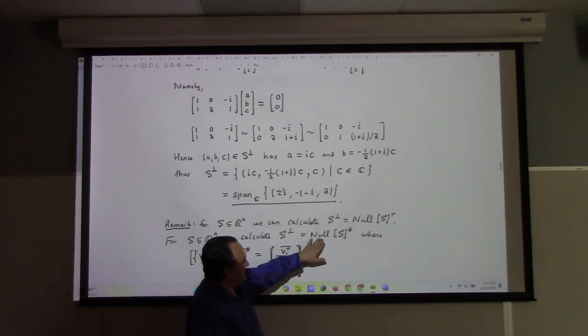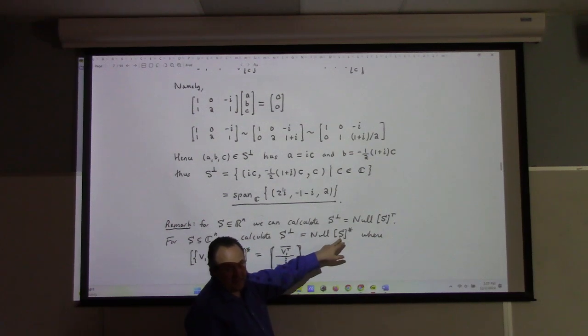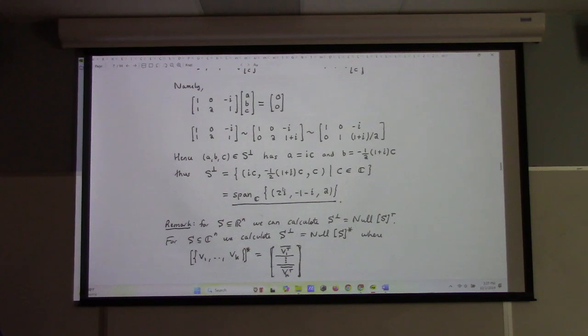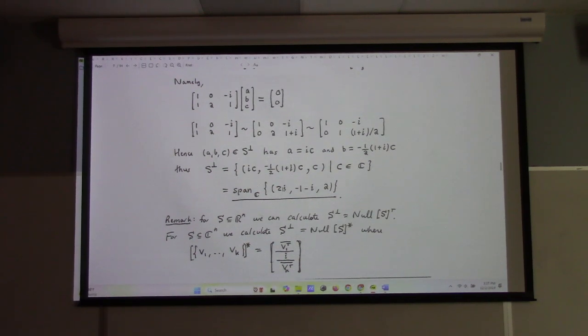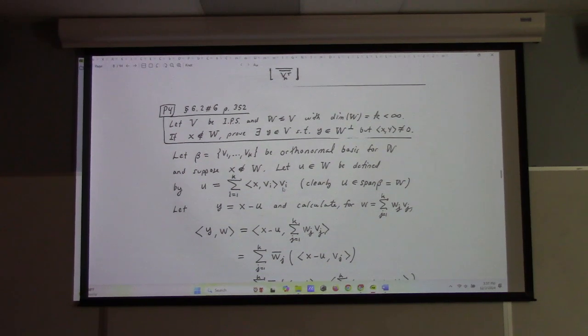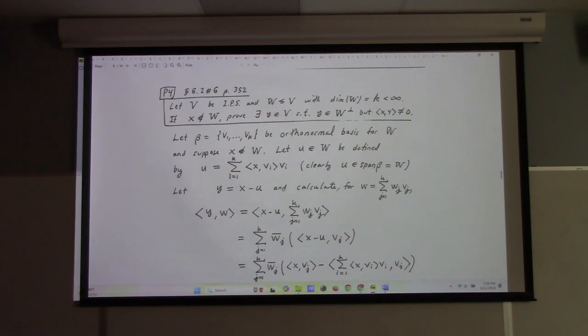You just calculate the null space of the adjoint of the matrix of S, by which I mean transpose each vector in here and take the complex conjugate of it. That's how it works out. So that was kind of neat. But anyway, so this is that problem, wasn't it? No. Oh, this one's just fun.